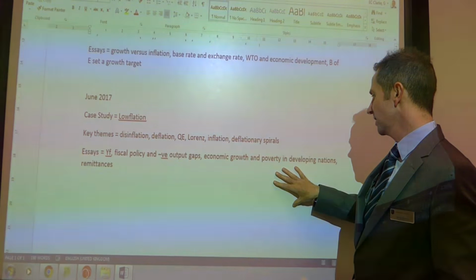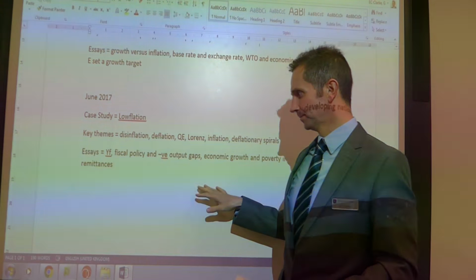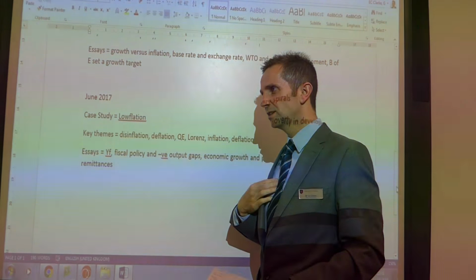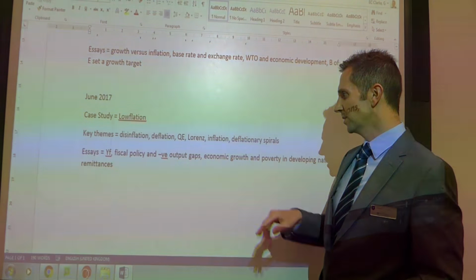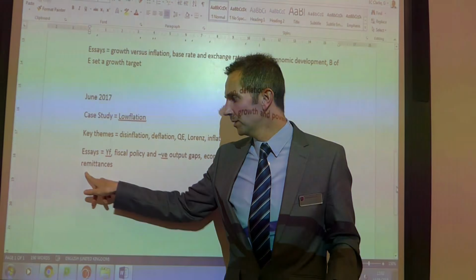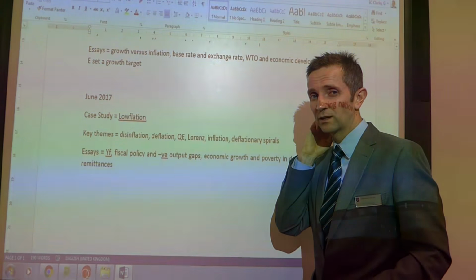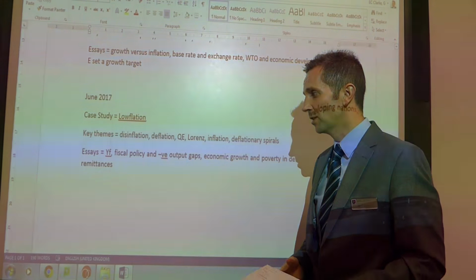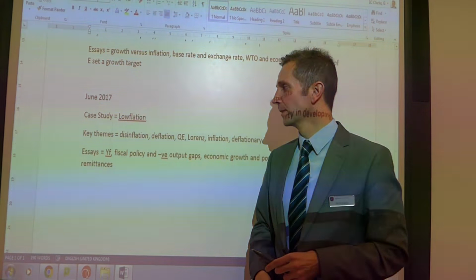Economic growth and poverty in developing nations, not my personal favourite, I must say, development economics, so one I'd be steering clear of. And then the final one on the economics of remittances, and obviously there's quite a significant amount you can write about that. It's a nice essay, that one. So that's in the past, ladies and gentlemen.